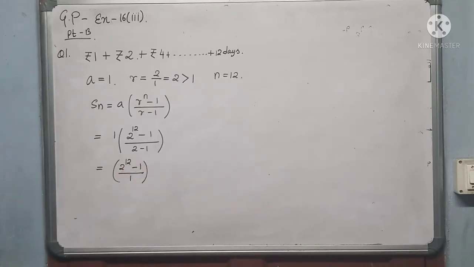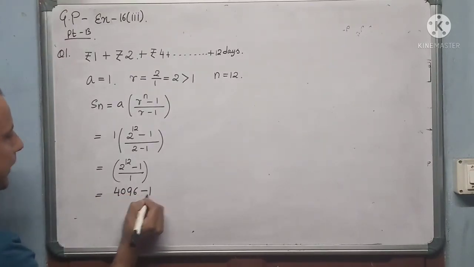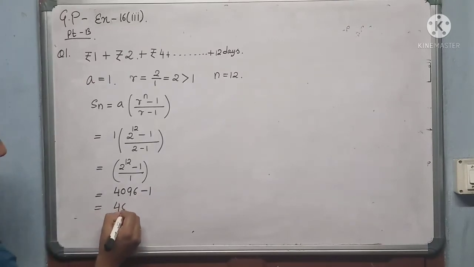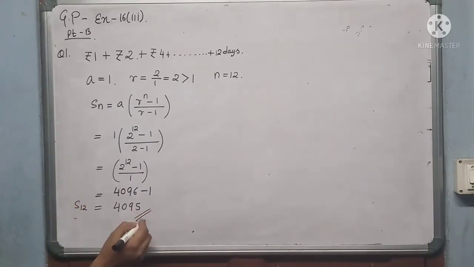This is your total saving. Now 2 to the power 12 is 4096 minus 1, 4095 paise that you will save. And the sum of the 12 terms is 4095 rupees that you are going to save.